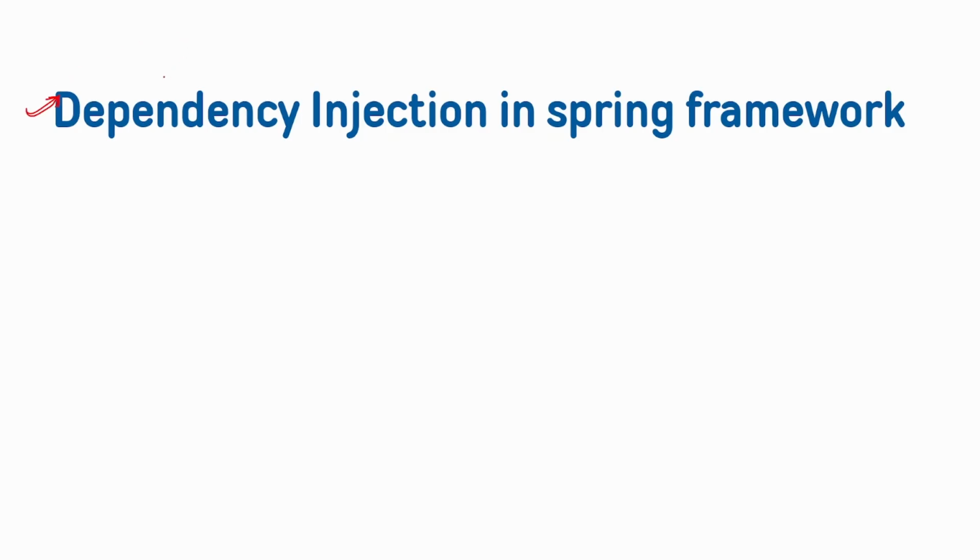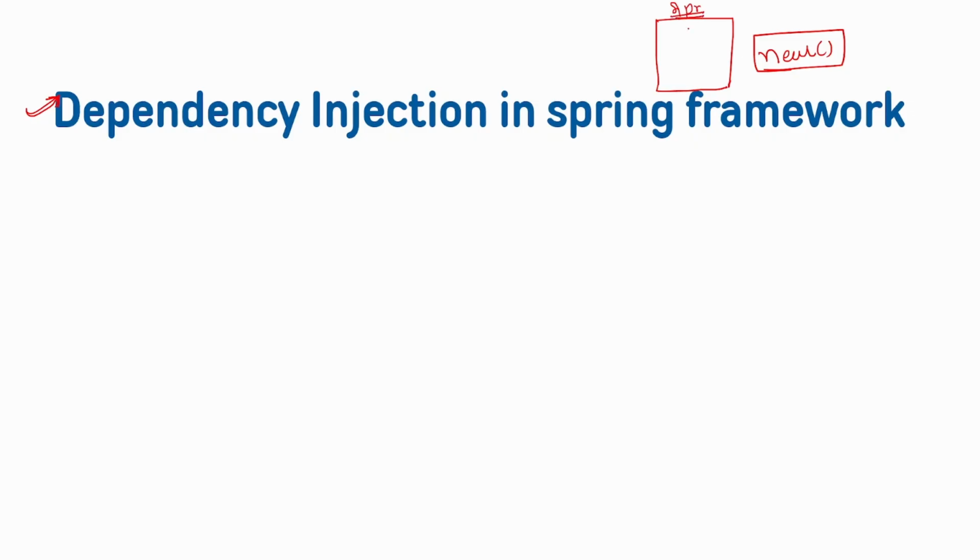Now we have learned what is meant by dependency injection and how it happens in a plain Java example. Now we will learn how dependency injection happens in the Spring framework, because in Spring there is a Spring context, and we don't create the object itself using the new keyword. Then how can we inject dependencies into another bean?